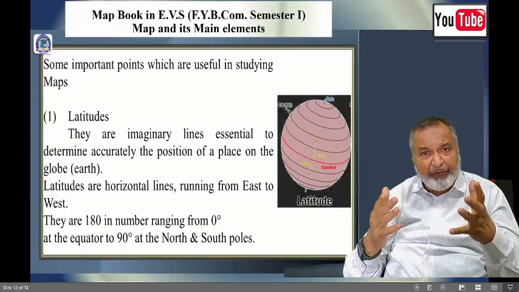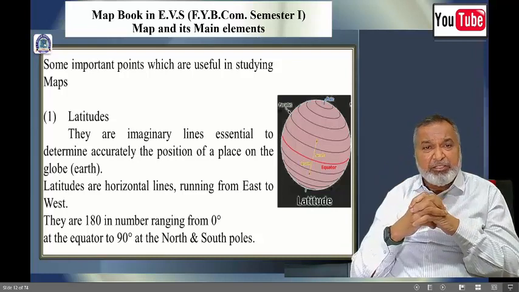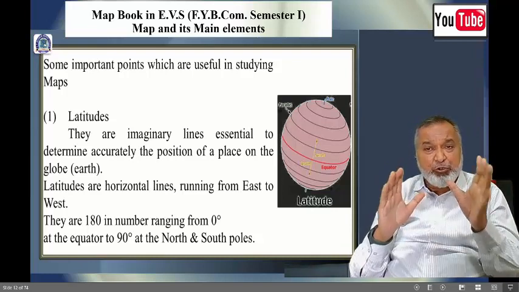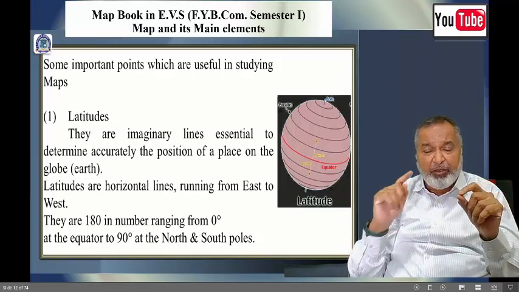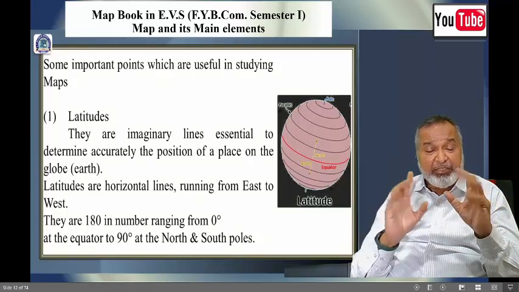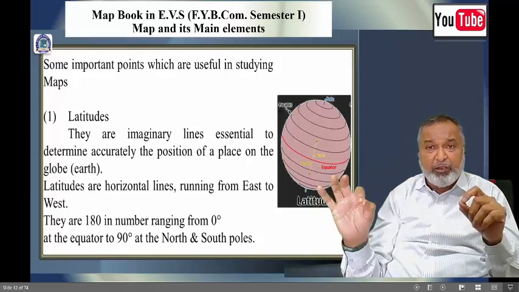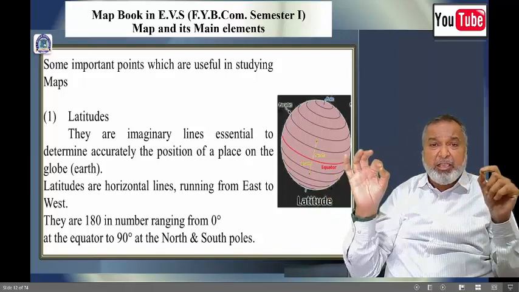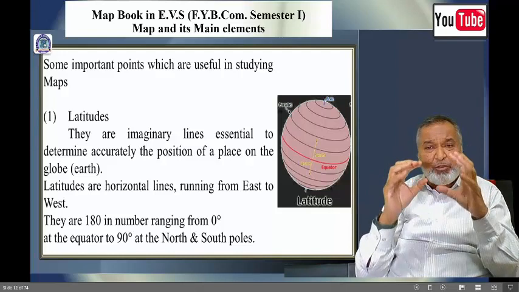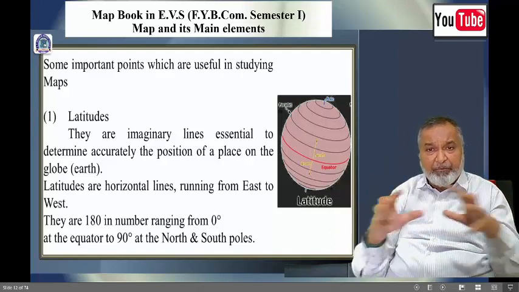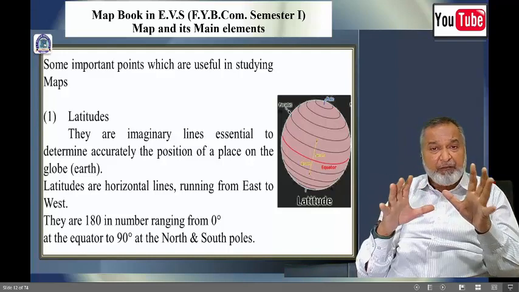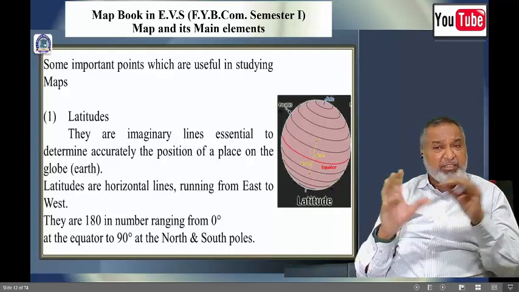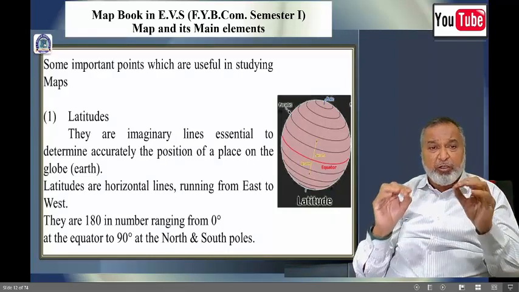First, in any map, we are shown latitudes. These are horizontal lines which are imaginary lines. Remember, these are not there on the surface. These are imaginary dotted lines drawn on the paper and on the globe, and they are fixed everywhere in the world. Nothing is going to change on the globe.